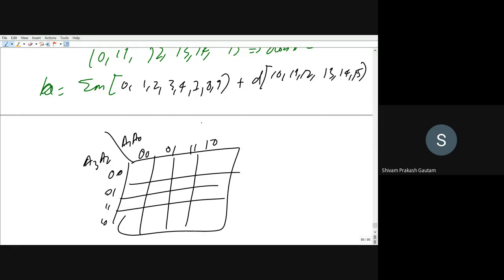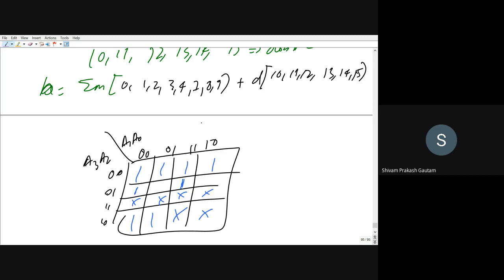Just see where to put 0, 1, 2, 3, and 4 will be here, and 7, 8, 9. 10 is not there, sorry. 7, 8, 9 only is there. Then 10, 11, 12, 13, 14, 15: this is don't care. Now tell me how you will group them.